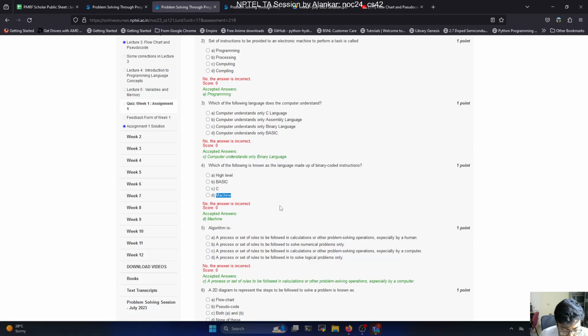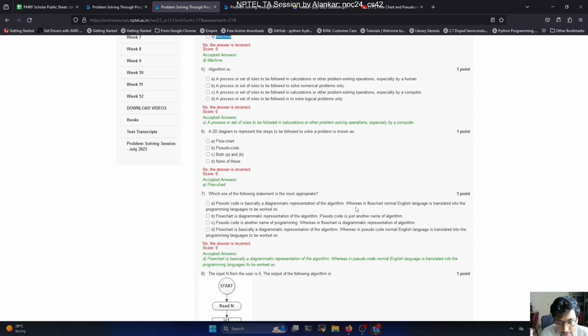Okay, so coming to question 7, what are the most appropriate statements? I think D is the appropriate statement here, because the first part is actually answered in the previous question itself: the flowchart is a diagrammatic representation of the algorithm, whereas pseudocode is a simplified, step-by-step explanation of the algorithm in normal human language, English for example.